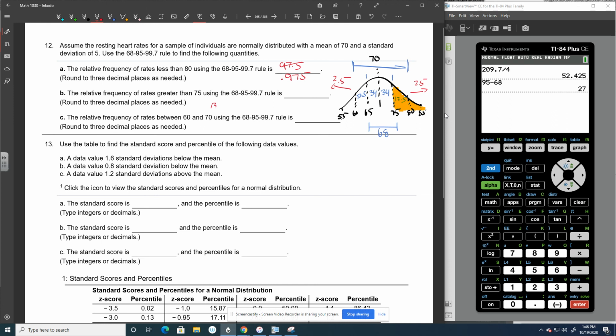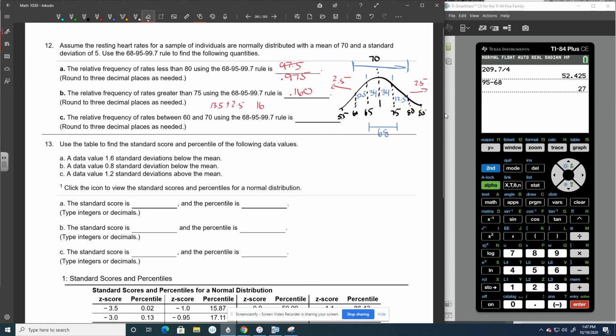So if I take that 13.5 and add the 2.5, that's going to be 16%, which is 0.16. And if you wanted to put a 0, you could put 0.160. Same thing.